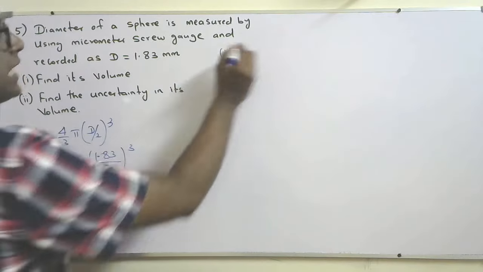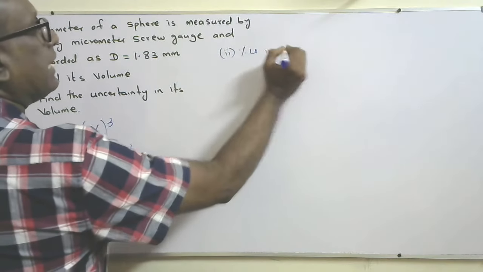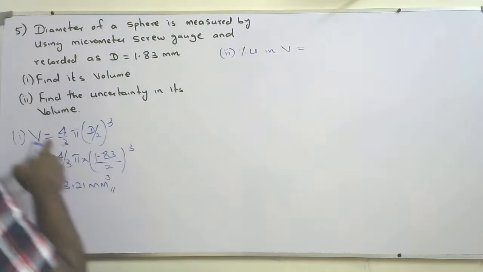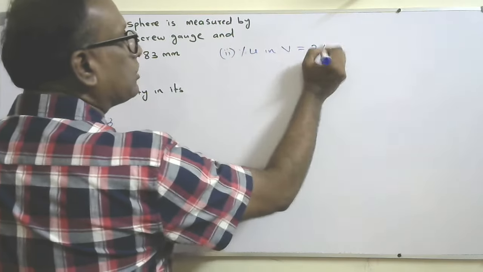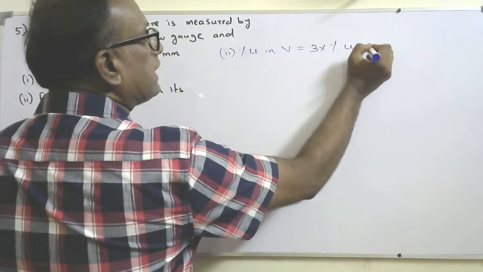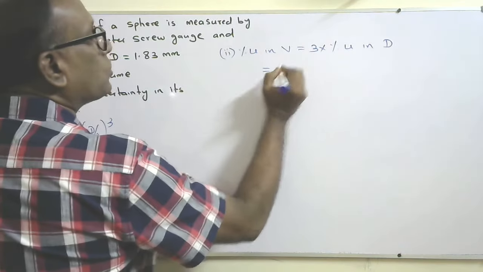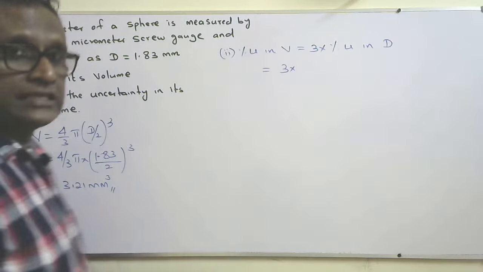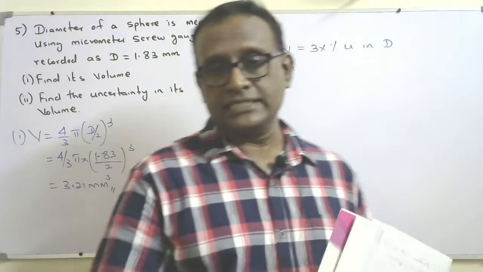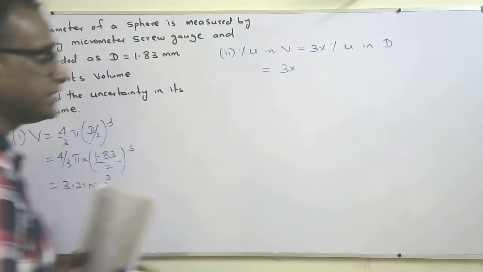So the percentage uncertainty in volume, for 4/3 πr³, the index comes in, so it is 3 times the percentage uncertainty in diameter. The percentage uncertainty in diameter means the uncertainty in diameter divided by the measurement.